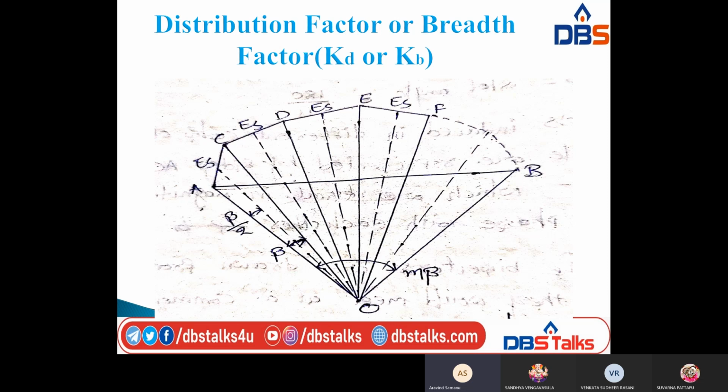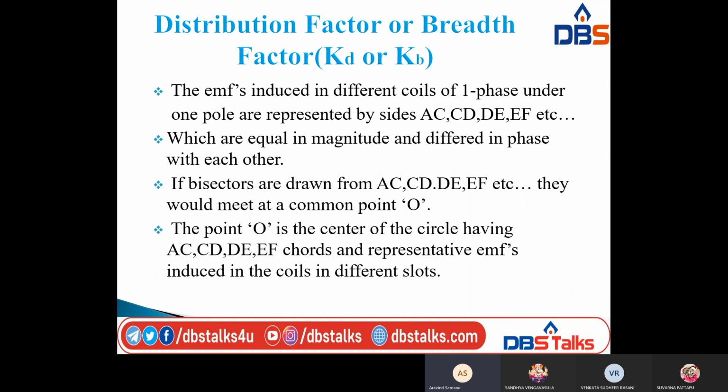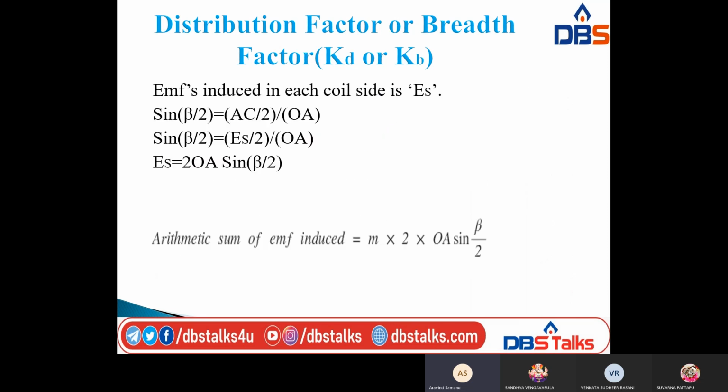So from this I am writing AC is equal to 2 into OA into sine beta by 2.